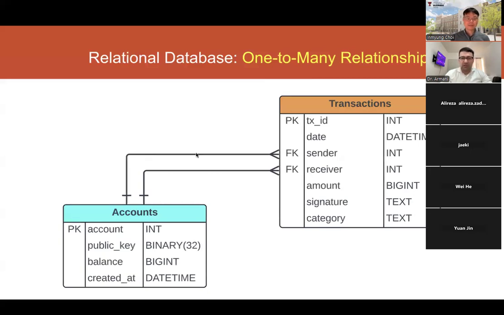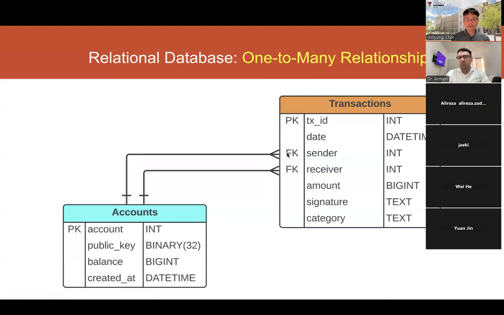And using the cardinality notations, we see that we can connect transactions to accounts, and we see sender can be one account in the accounts table. So each transaction can have one account as a sender. The same, each transaction can have one account as a receiver. On the other hand, an account can be the receiver in multiple transactions. An account can be the sender in multiple transactions.